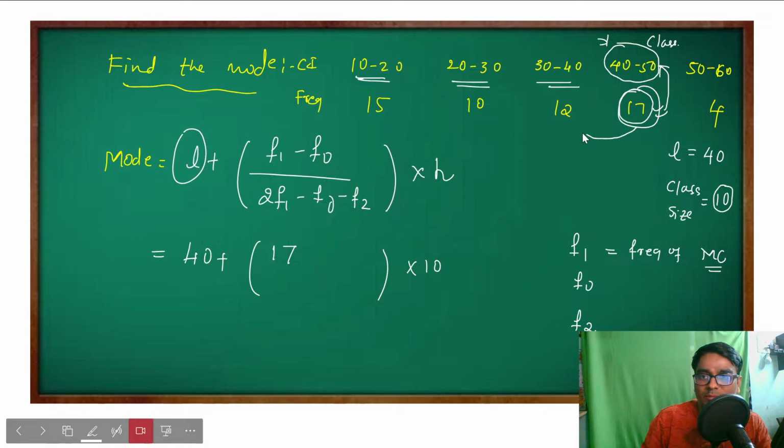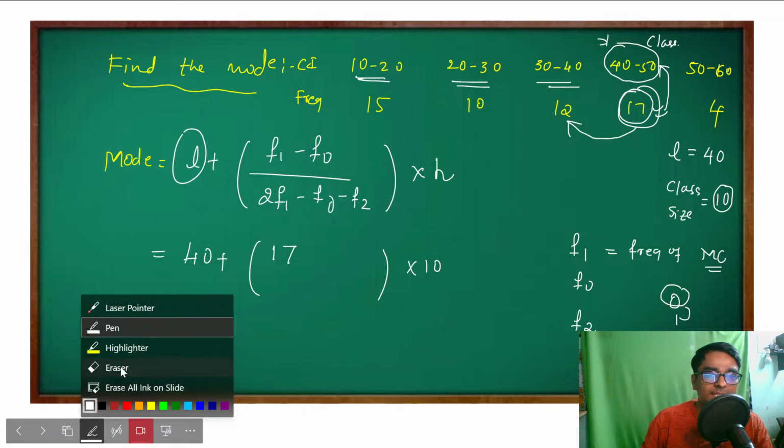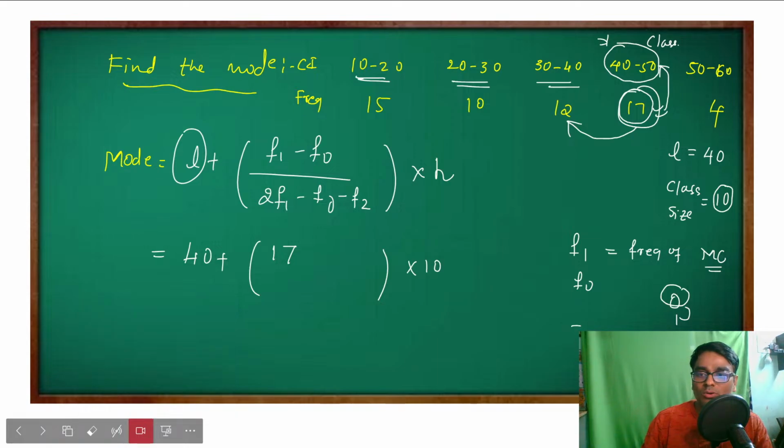F0 is 1 before the F1. Because 0, 1, 2, right? So 0 comes before 1. Always keep in this order to not get confused.